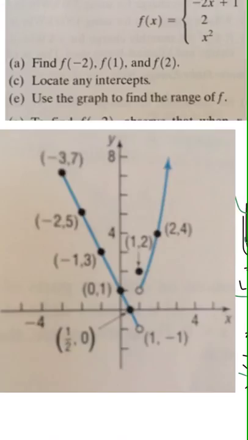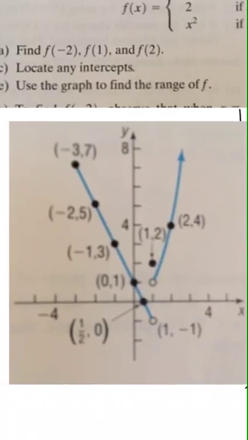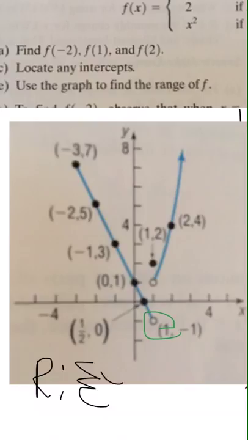You have to graph each part separately. Now determining the range, it looks like there are no y values past negative 1. But that's an open circle. So I'd say the range would be the set of all y values such that, since it's an open circle, y would have to be greater than negative 1.